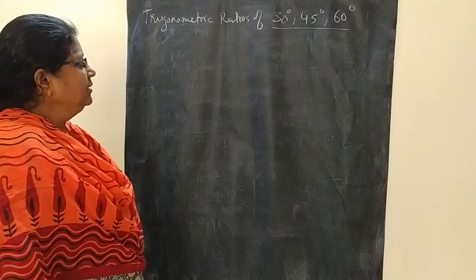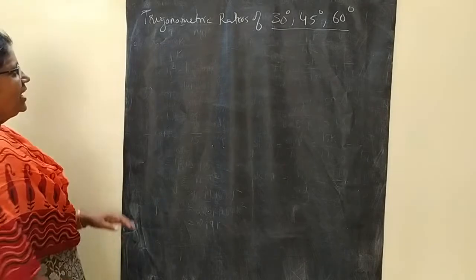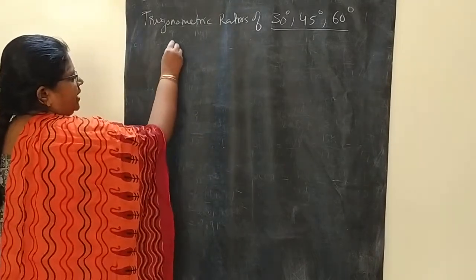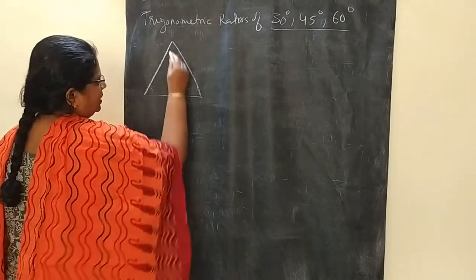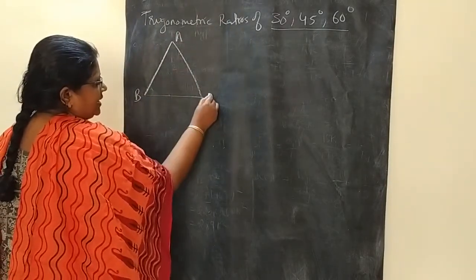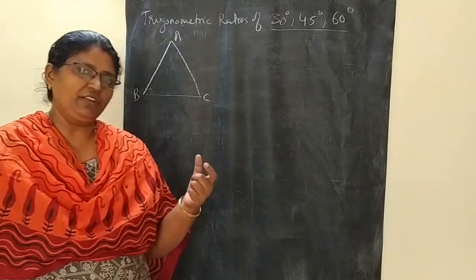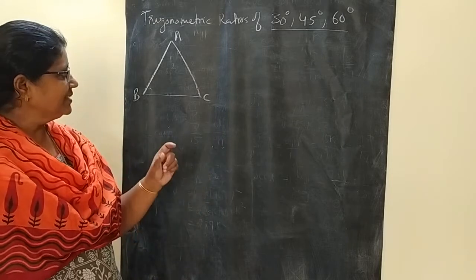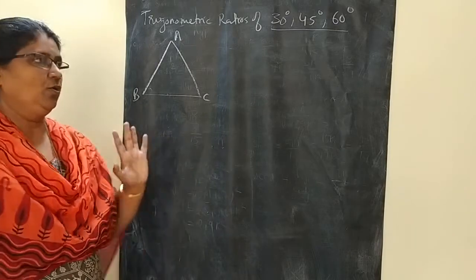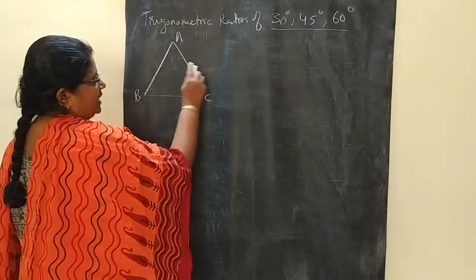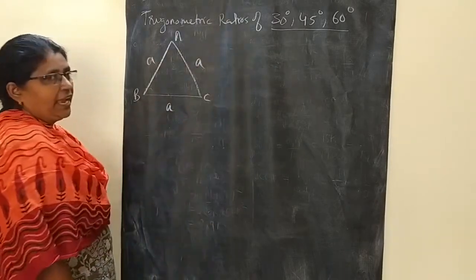So for finding the trigonometric ratios of these angles, first we are considering an equilateral triangle. Okay, consider an equilateral triangle ABC. You know the properties of an equilateral triangle. The first property is that all three sides are equal. So AB, BC, AC are equal. Let us take each side a unit.